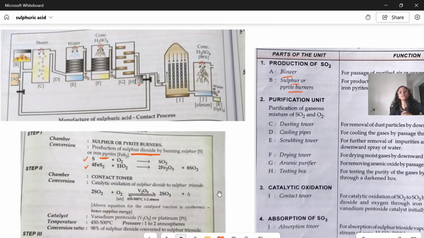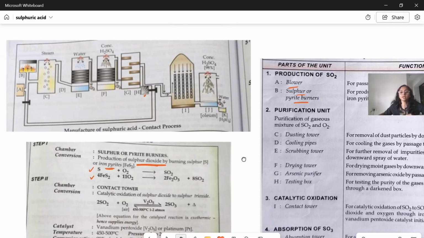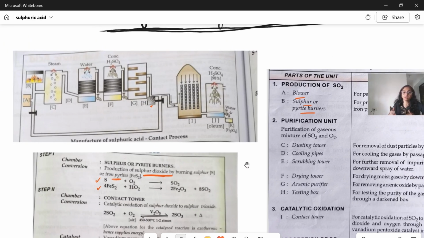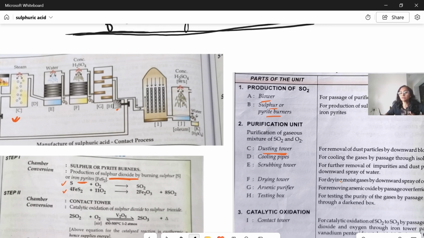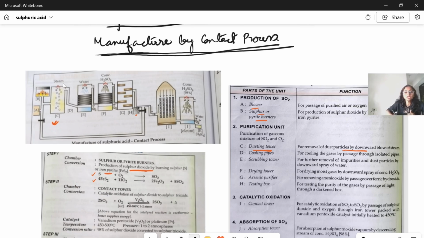They are removed step by step. First, they are passed through C, the dusting tower. Here the dust is removed by a downward blow of steam.